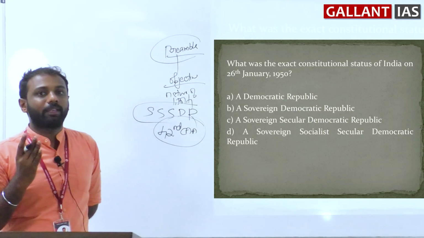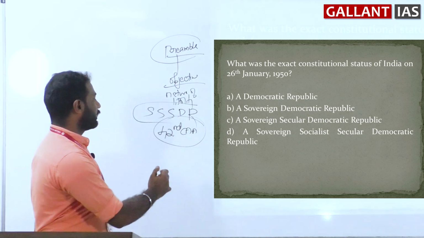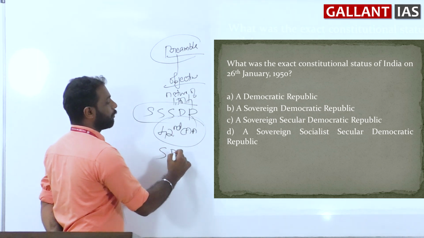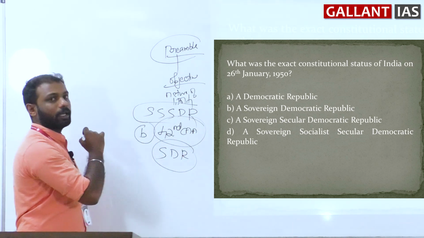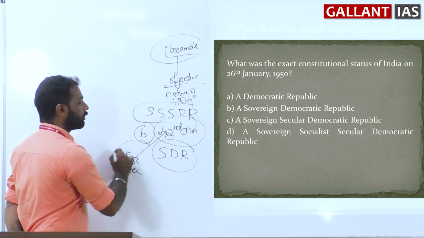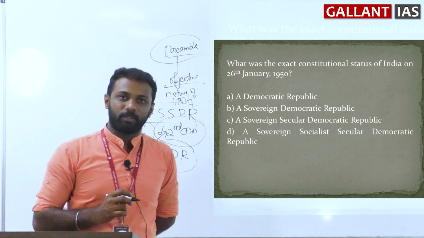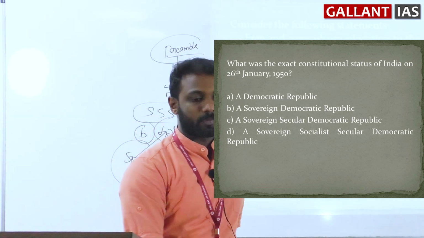But at the time of the enactment of the constitution in 1950, the preamble read only India as a sovereign, democratic republic. So option B is our right answer here. The terms socialist as well as secular were added by the 42nd Amendment Act only. So the answer is option B, sovereign, democratic and republic.